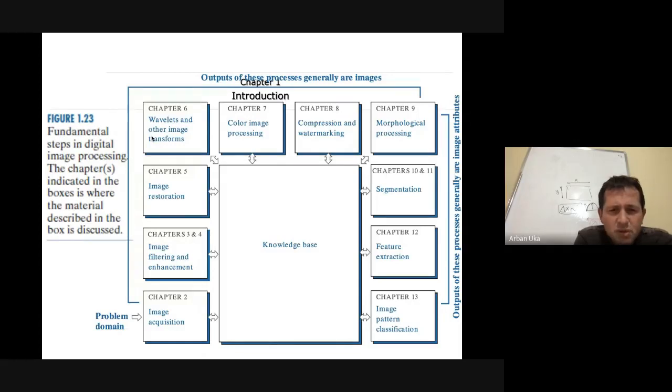Now, there are two aspects to this. We can filter and enhance an image to make it better for human perception, which means that we can see it better. But the same thing will also have a better effect if we use computers, which means that you can use deep learning to do object detection.